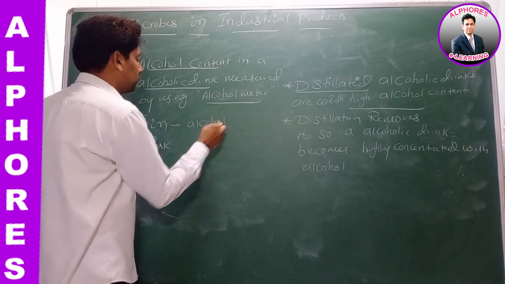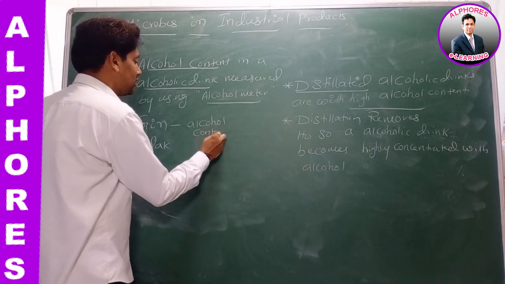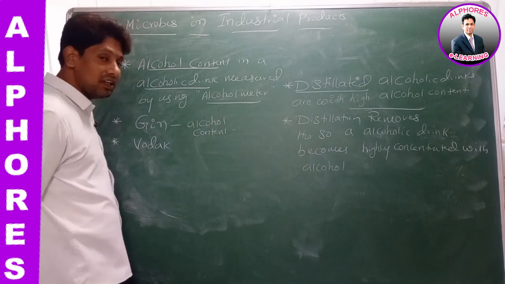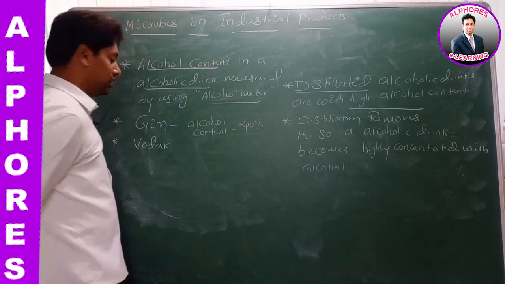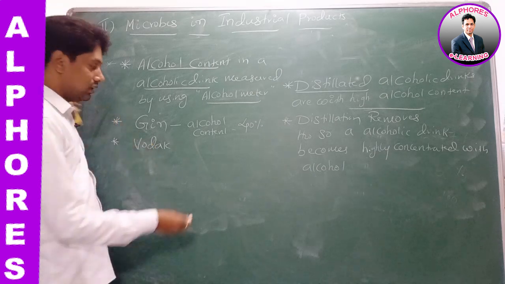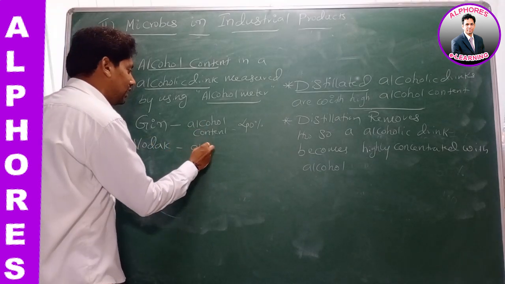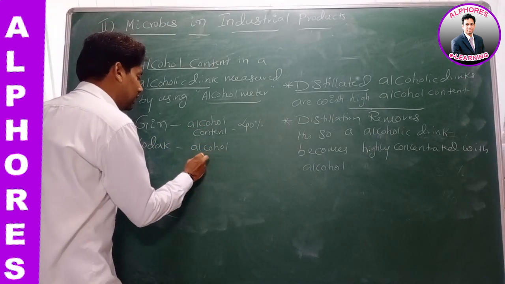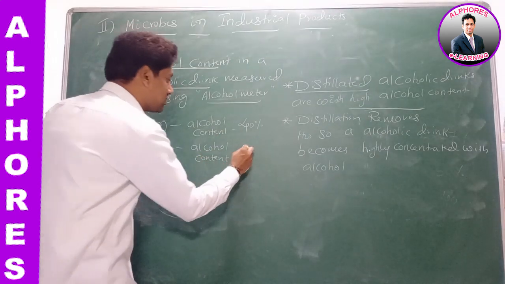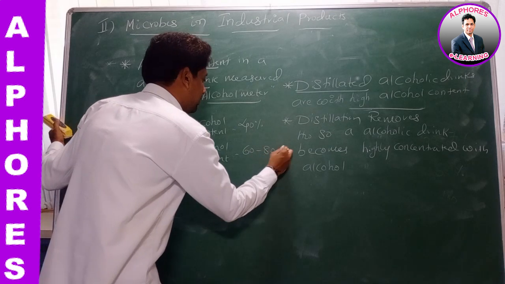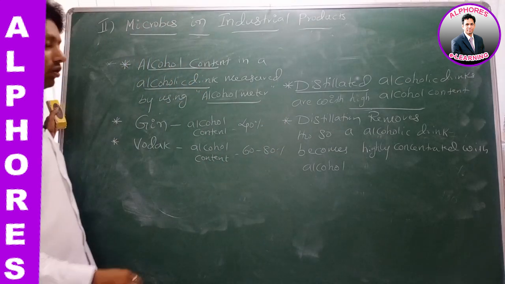What is the alcohol content in gin? 40%. Take vodka. In vodka, the alcohol content is 60 to 80%.